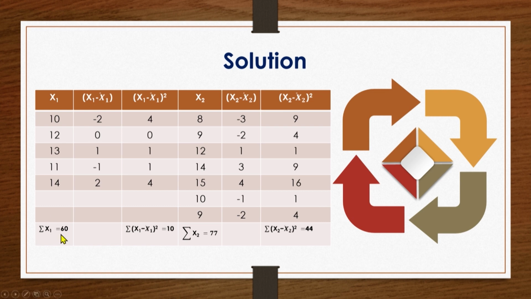We can see it here. Similarly, x1 minus x1 bar is obtained, and the whole x1 minus x1 bar the whole square, the sum is equal to 10. Similarly, we do it for x2; the summation value is 77. Similarly, for x2 minus x2 bar the whole square, the summed value is 44.